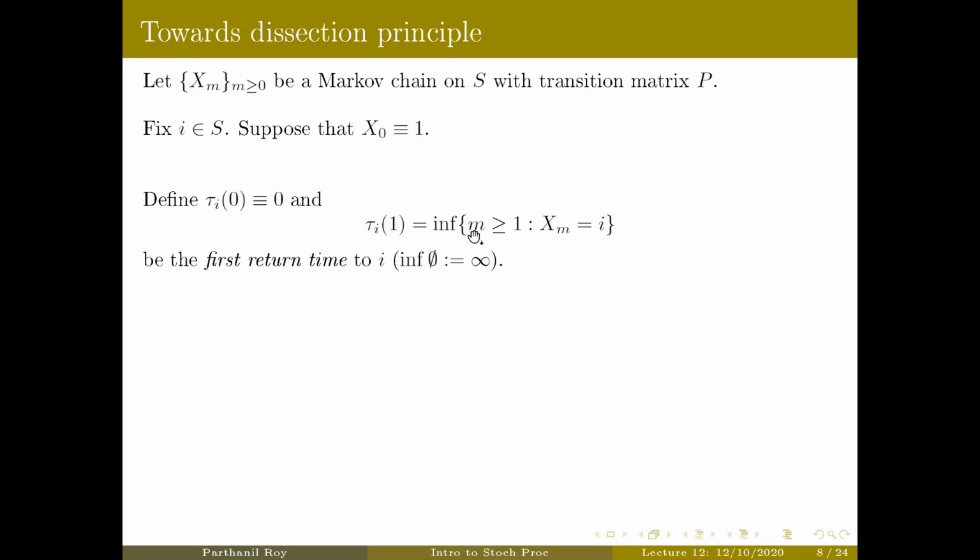This is the first time you are returning to your initial state. Now, of course, as before, if the Markov chain never returns to I at all, then this would be defined to be infinity. The infimum of any empty set is infinity, so with that convention in mind.